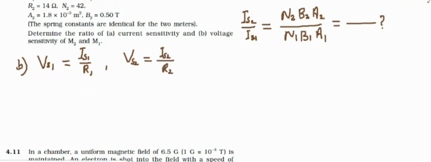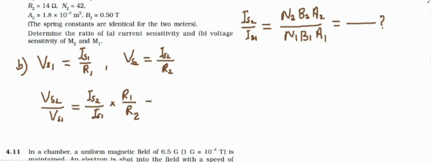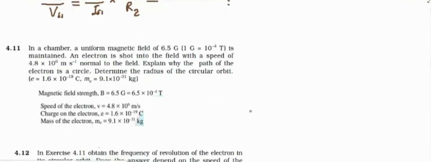Now take the ratio VS2 upon VS1 is equal to IS2 upon IS1 into R1 upon R2. The ratio of IS2 to IS1 has been obtained from part A. So substitute these values, you will get the ratio of voltage sensitivities.